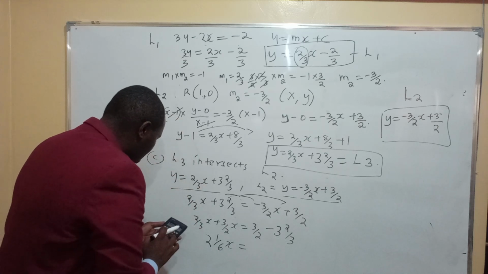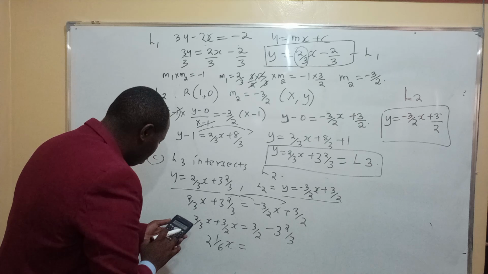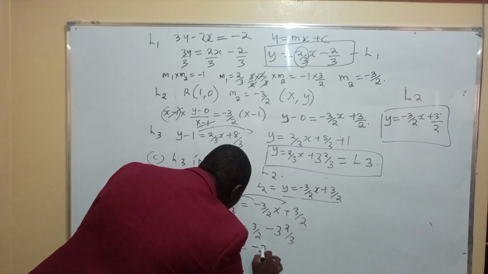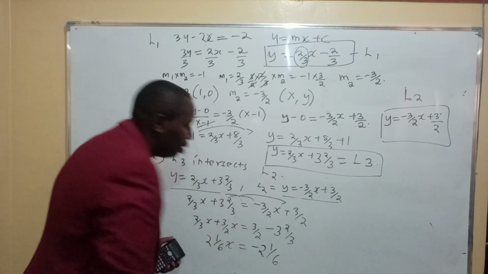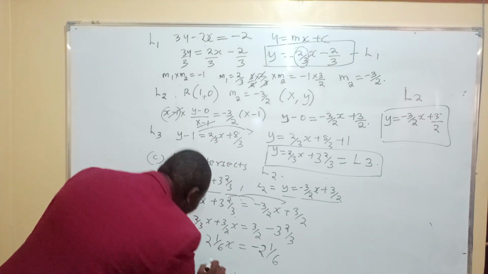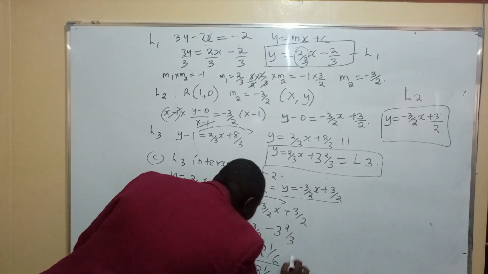On the right, 3 over 2 minus 3, 2 over 3 comes to minus 2, 1 over 6. So divide both sides by 2, 1 over 6.